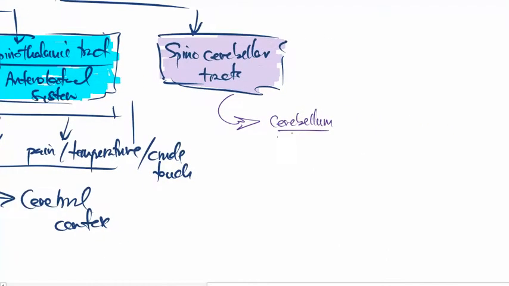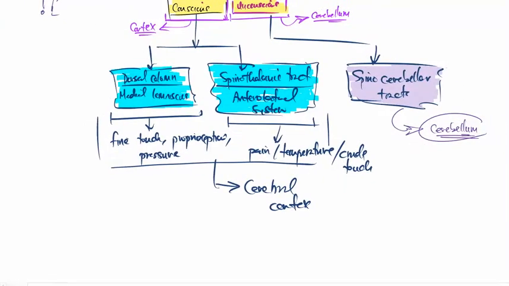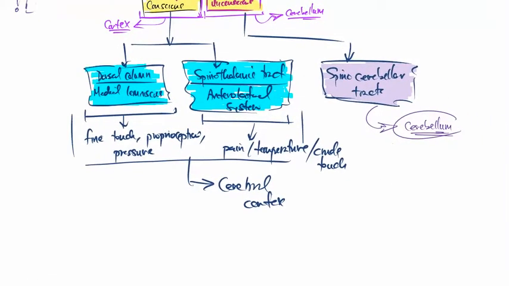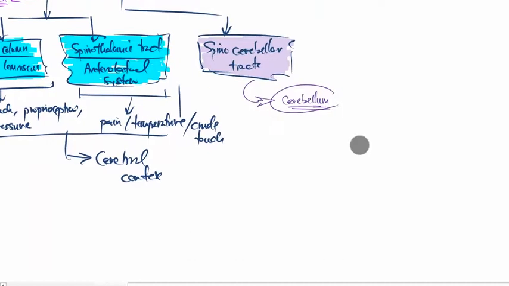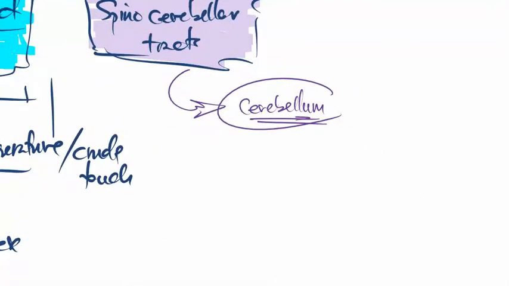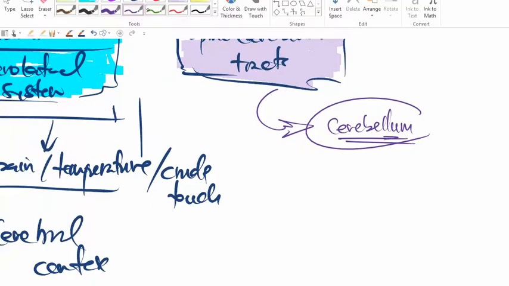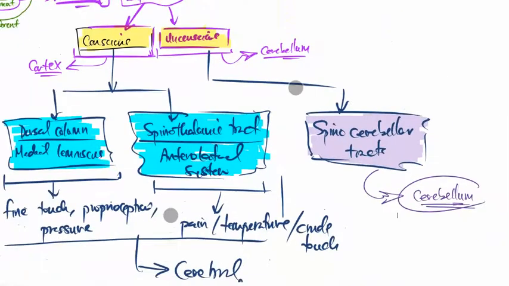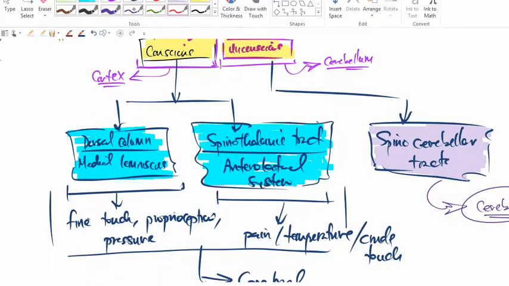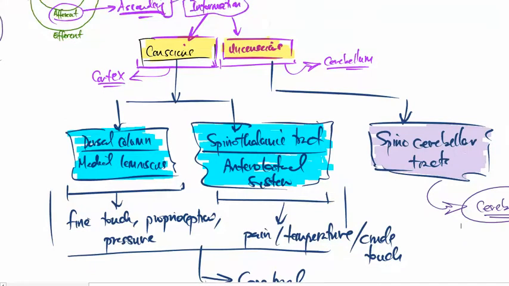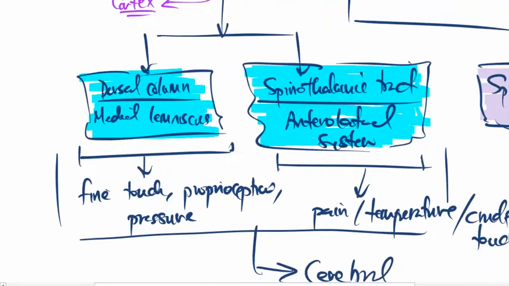Because it's going up to the cerebellum and not the cerebral cortex, the higher centers of your brain, that's why you're not going to be consciously aware of that information. Does that make sense? It's in the lower areas of your brain. So these are the three major tracts that Dr. Gondry Lewis talks about in her lecture, right?